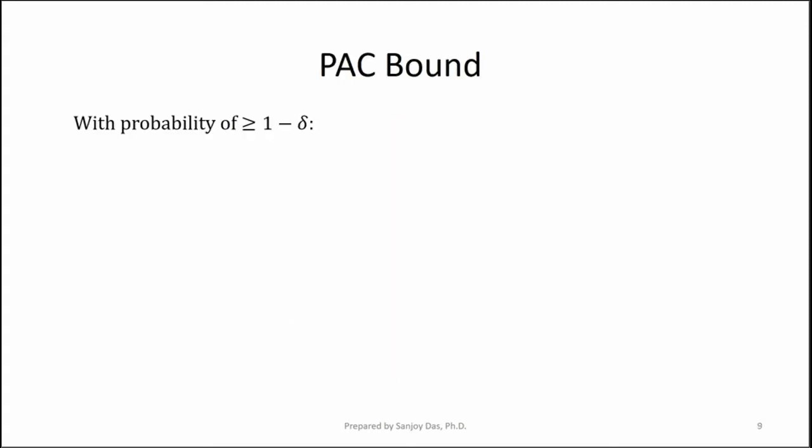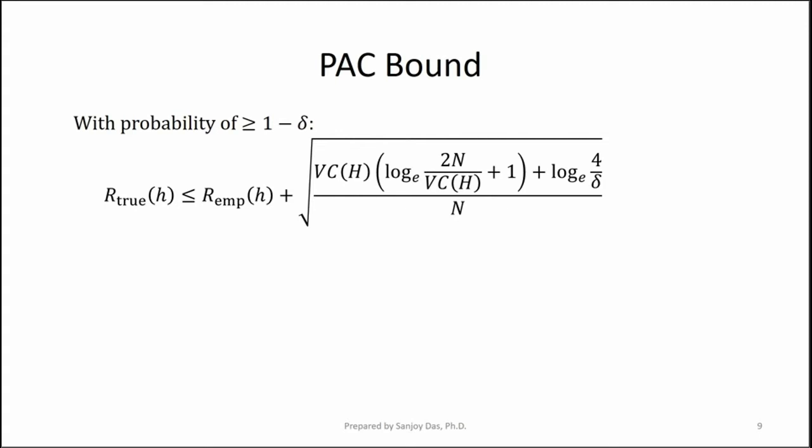PAC bound stands for probably approximately correct bound. It's very detailed, and I will not get into the proofs. I'll just give you superficially what some of the results of this theory are. And so with a probability of at least 1 minus delta, where delta is a small number, we have this inequality: R true H is less than or equal to R empirical H plus the square root of this whole expression.